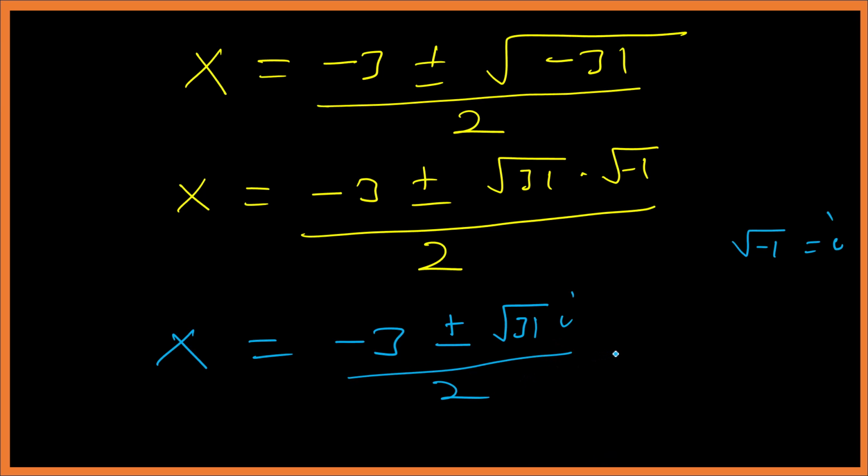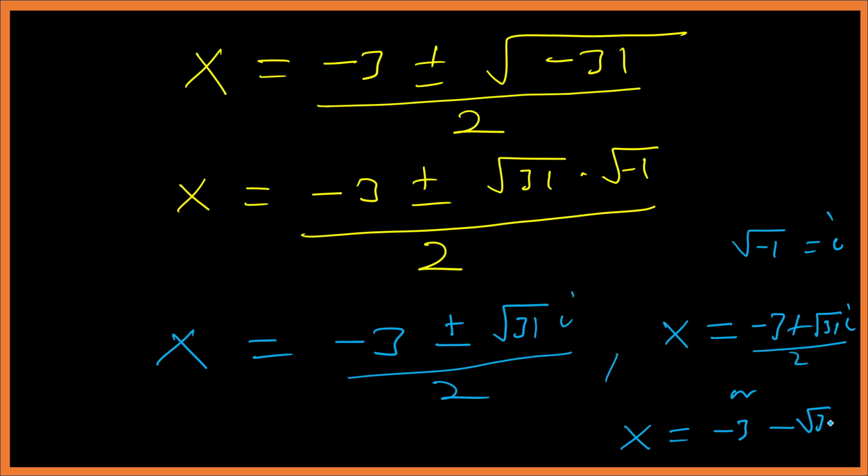So x is minus 3 plus square root of 31 i over 2, or x is minus 3 minus square root of 31 i over 2. So these answers are complex.